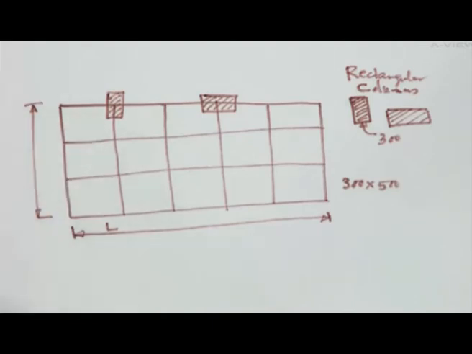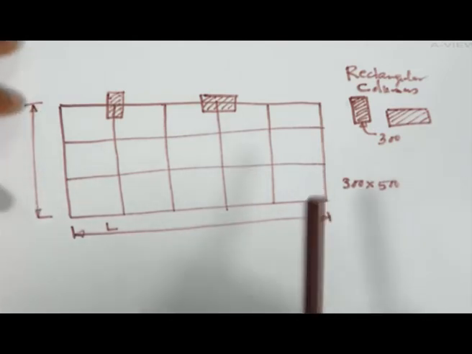If you have a square column, then there is no problem, and you are more lucky if it is a circular column. So life is very easy. But as I told you yesterday also, life is not so easy and it is really complex. So you have to find out the solution.